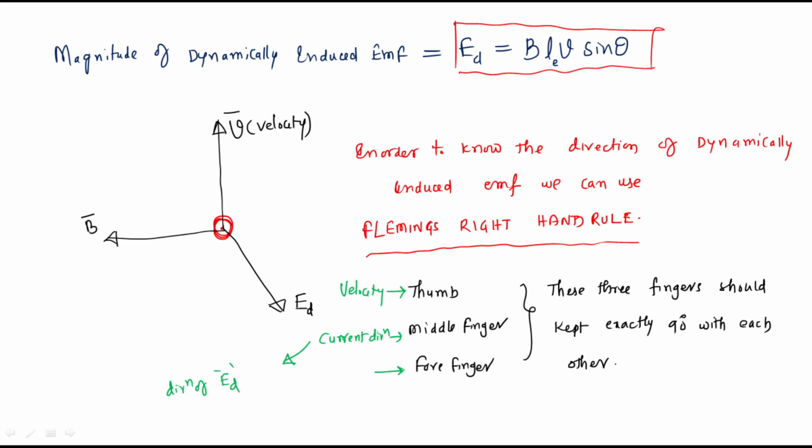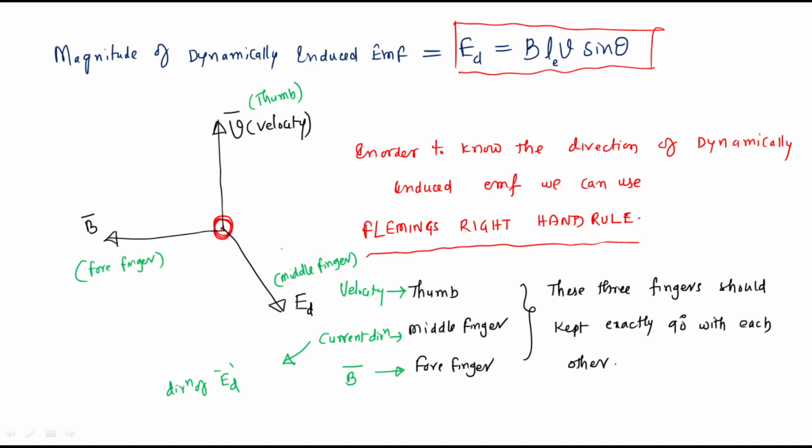What does the forefinger represent? This is nothing but the magnetic flux density. So this is the forefinger, this is the middle finger, this is the thumb. These three fingers are kept exactly 90 degrees with each other.